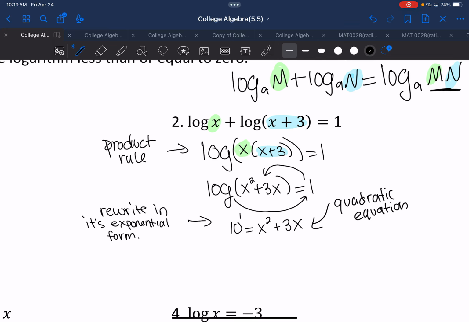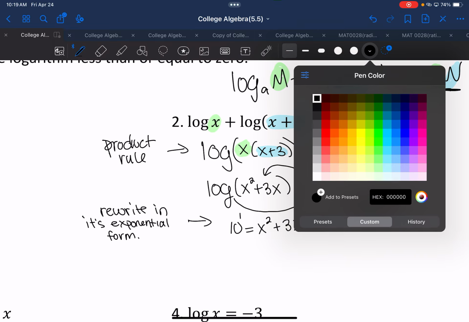Okay, so you will have some problems on your final for sure about solving quadratic equations, just solving quadratic equations in general. So let's make sure we remember how to do that. The first step is I need to get that equal to 0. So I'm going to subtract the 10 from both sides.